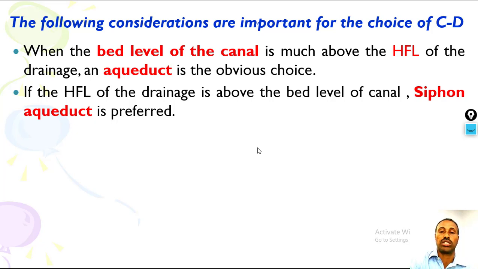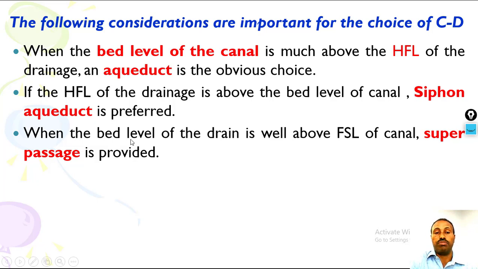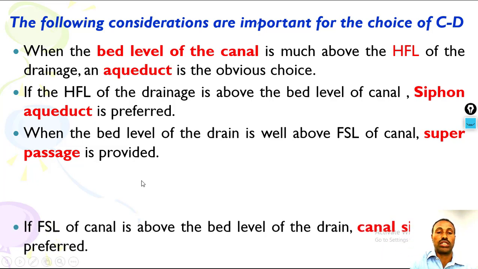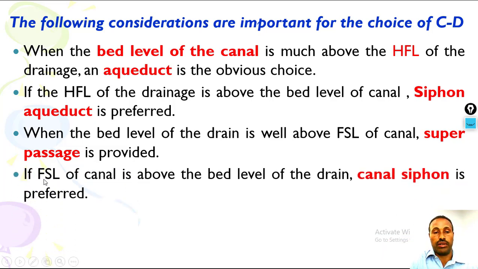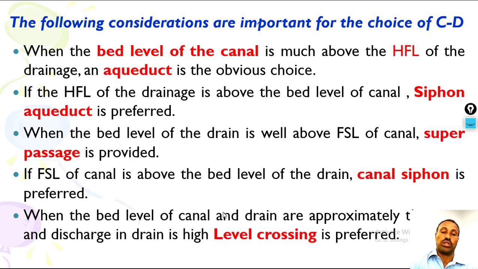Sometimes when the bed level of the drain is well above the full supply level of the canal, then a super passage is provided. And if the full supply level of a canal is above the bed level of the drain, a canal siphon is preferred, based on relative bed level.